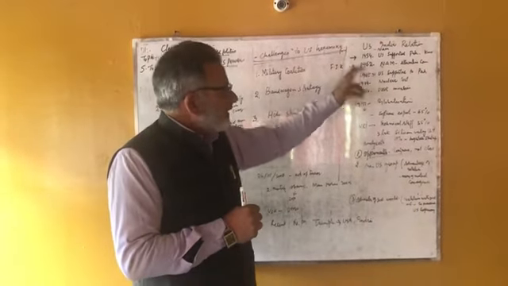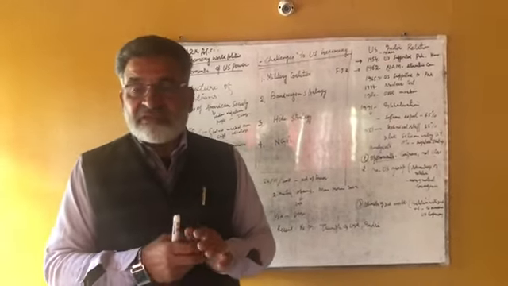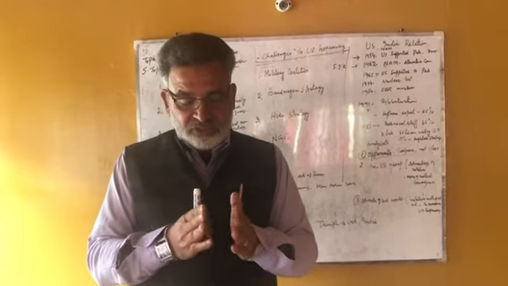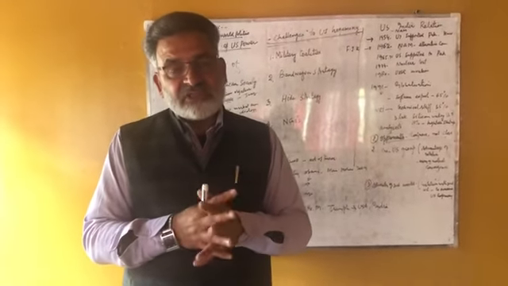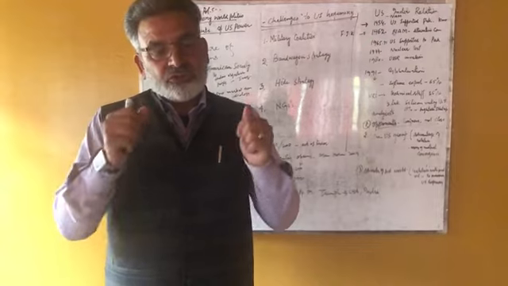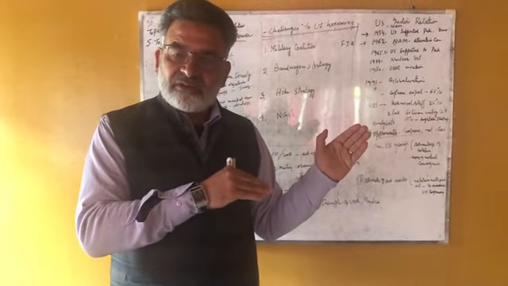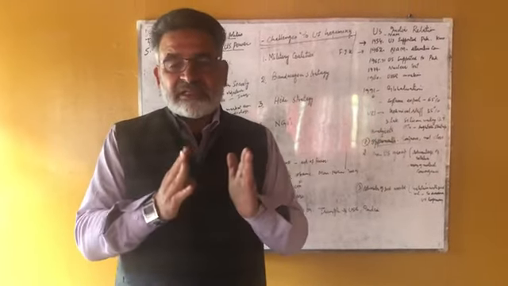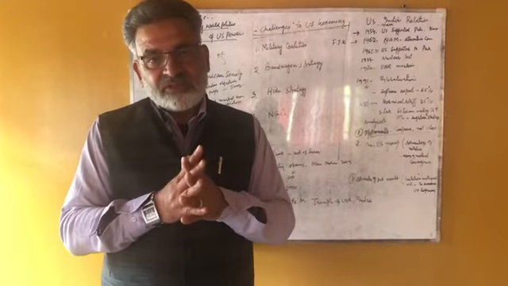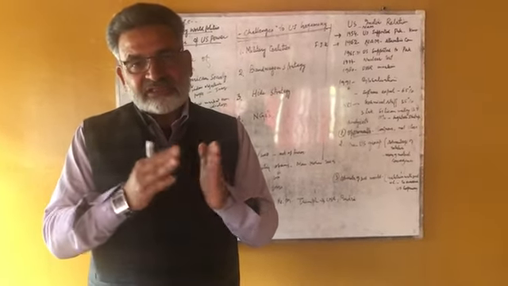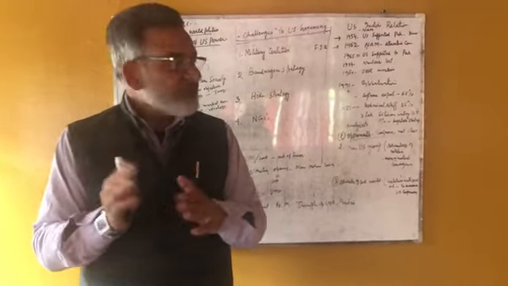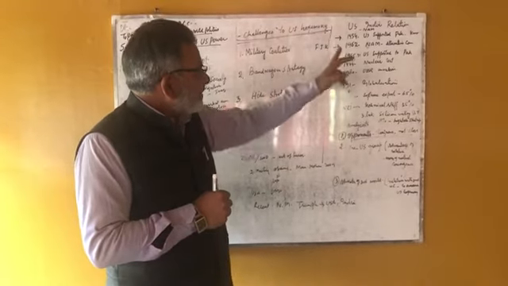But in 1965 and 1971, when the wars took place between India and Pakistan, America showed its tilt towards Pakistan, as Pakistan was a member of CENTO. As such, there remained cool relations between India and America.